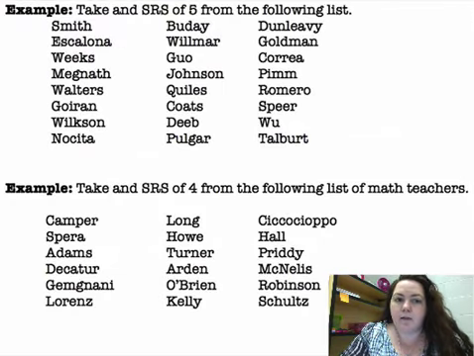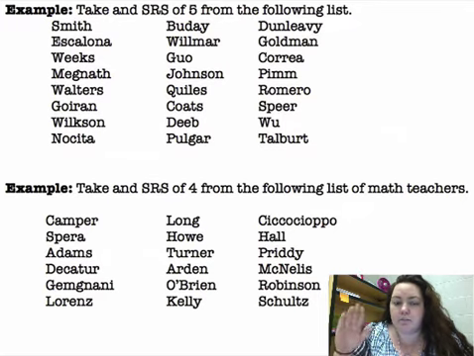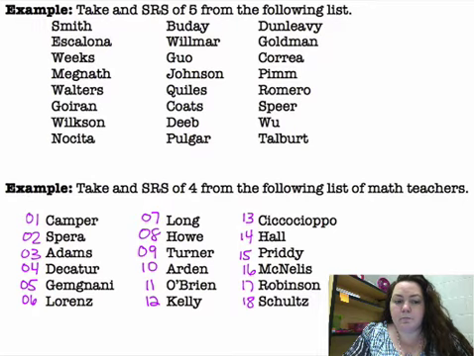All right, so here are some examples. Let's take a simple random sample of 5 from the following list. So I would take all those names there and I would number them. And then I would look at a table of random digits, pick a row, read across, and pick the first 5 numbers. Those would be the 5 people in my sample. The other one: take a simple random sample of 4 from the following list of math teachers, so I number them.